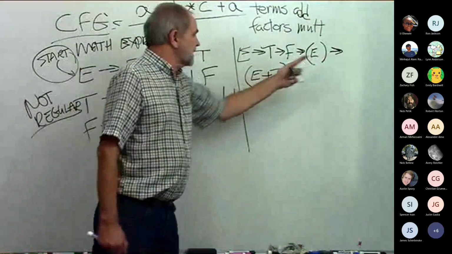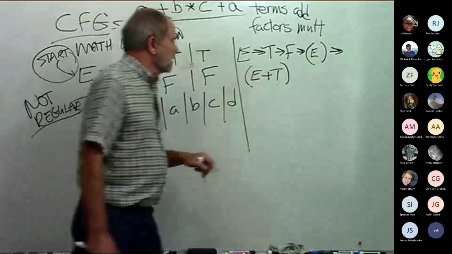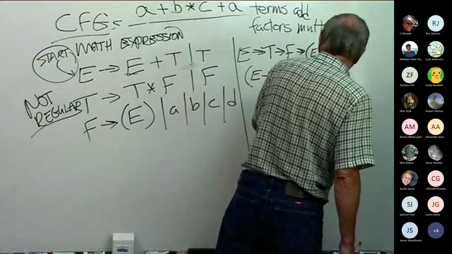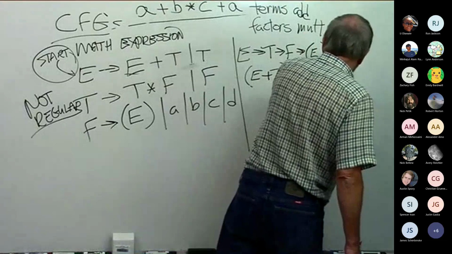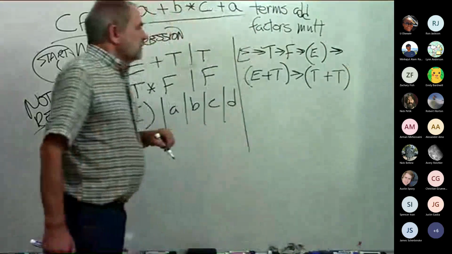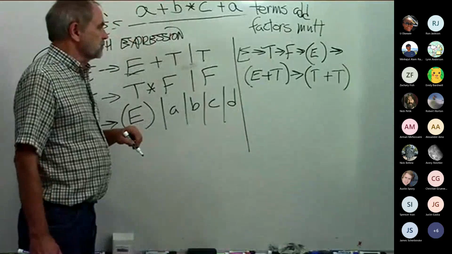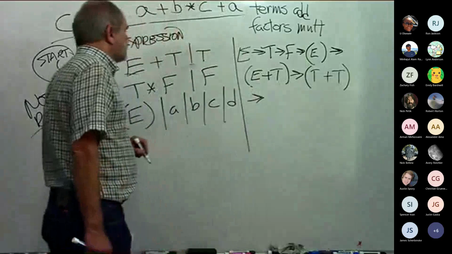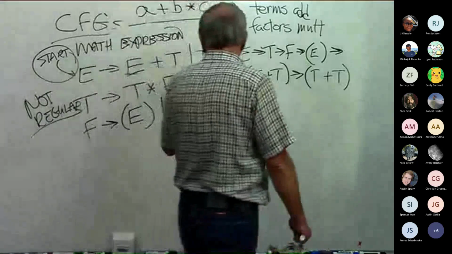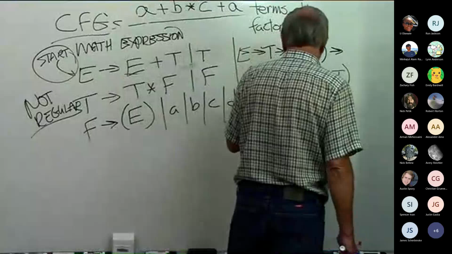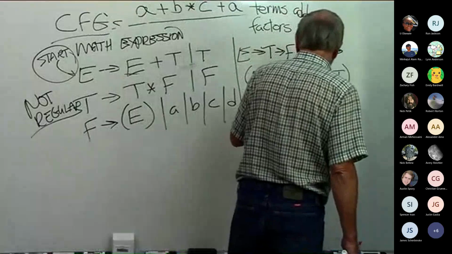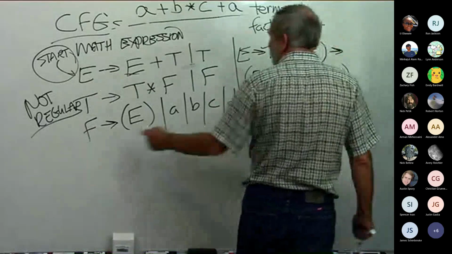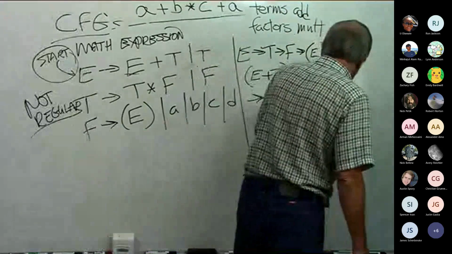So I just substituted this, E went to E plus T. Let's substitute a T for the E. Let's substitute T to F. We have open parenthesis. And I'm going to continue down. Replace that F with A.